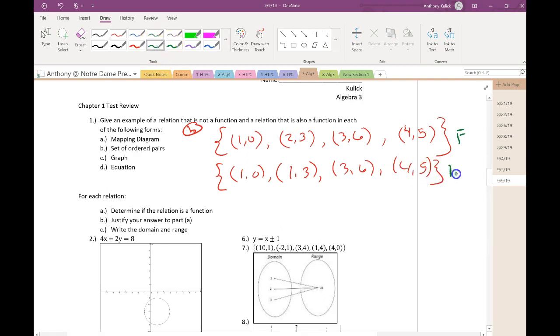But that's enough to say it's not a function, because we have an x value that repeats. Yep. Everybody okay with that? Okay. I'm going to erase. Is it okay for me to erase?